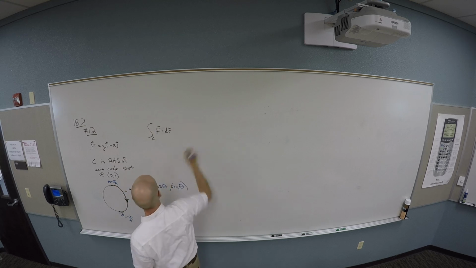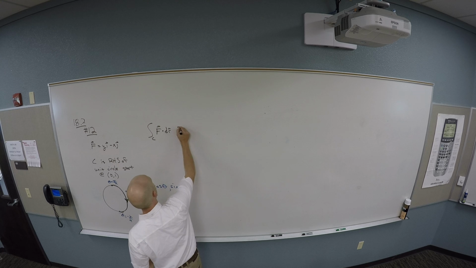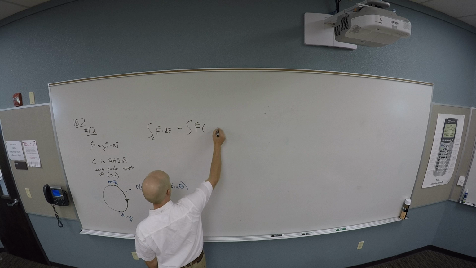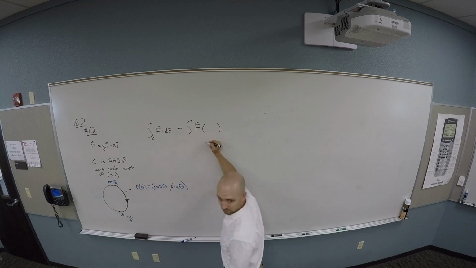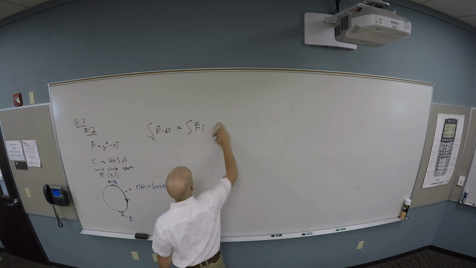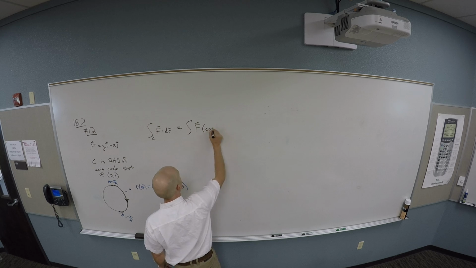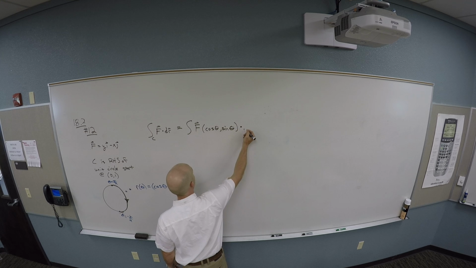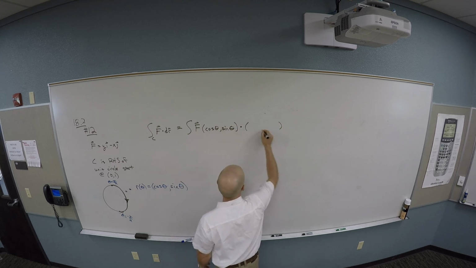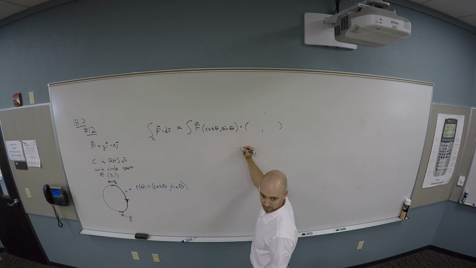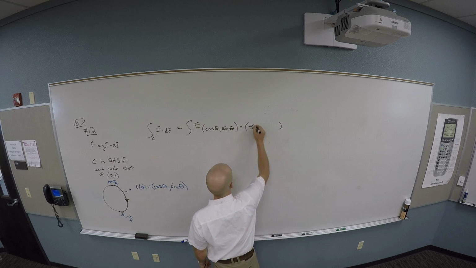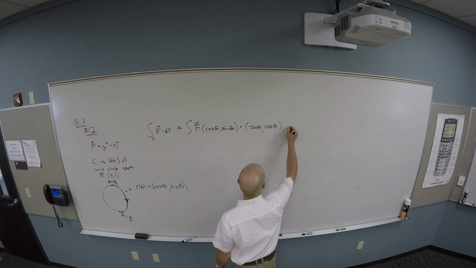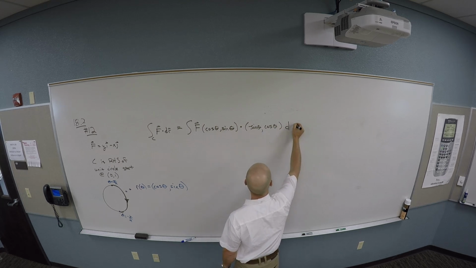I just want to say this thing is an integral of f of r of theta, which is f of cosine theta comma sine theta, dotted with negative sine theta comma cosine theta, d theta.